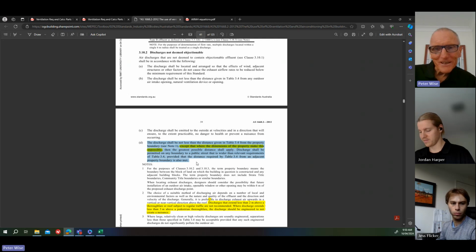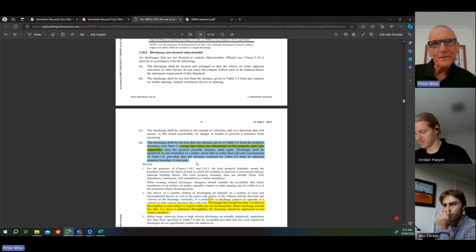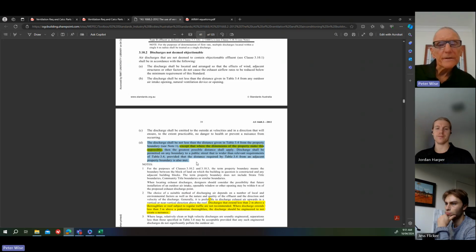It's one of those things that's a little bit hard to fathom, but in some cases, you might have a very tight site, and to achieve the distances required by this code, you may not be able to do it. So the aim is you always try and comply with that table. If you can't do it, you find the most sensible location you can. And if you're convinced that it's not going to be a nuisance or a hazard, then you can do that. So that can be argued.